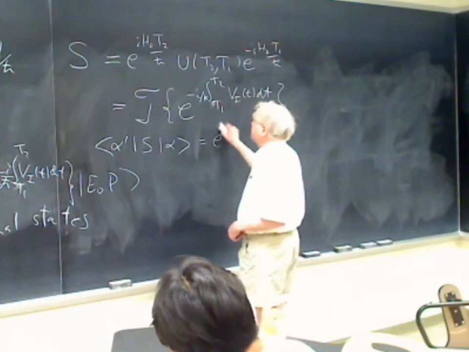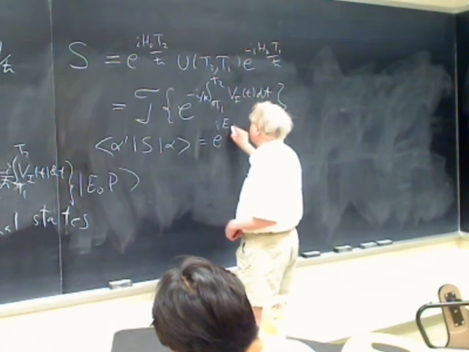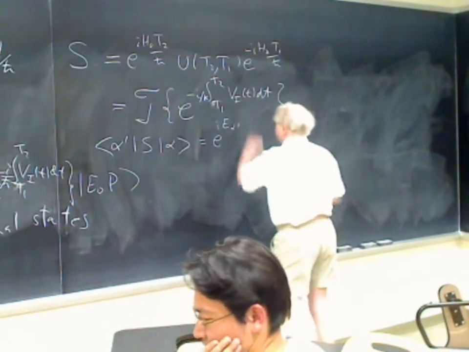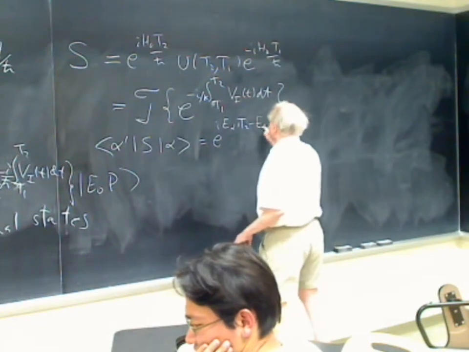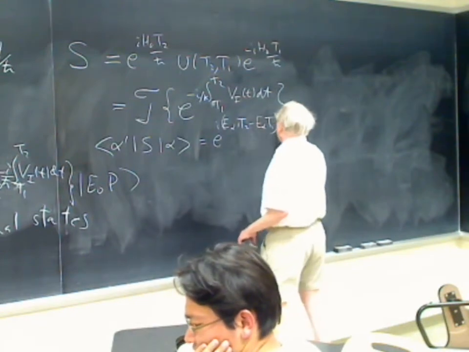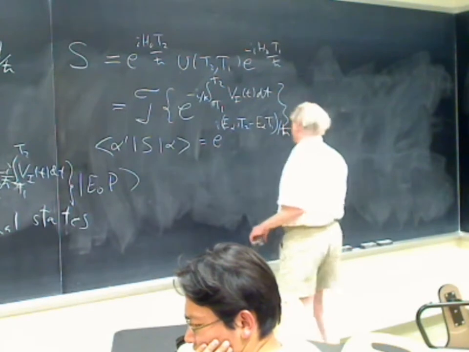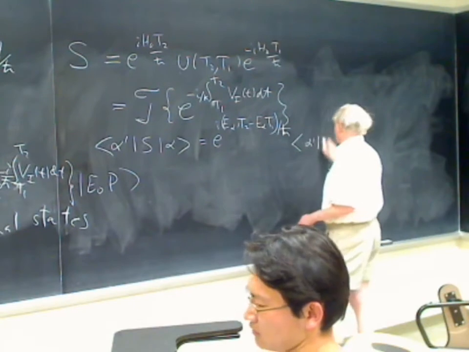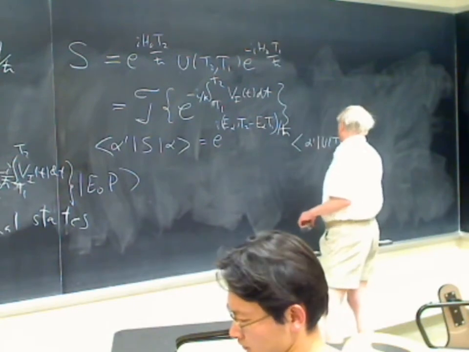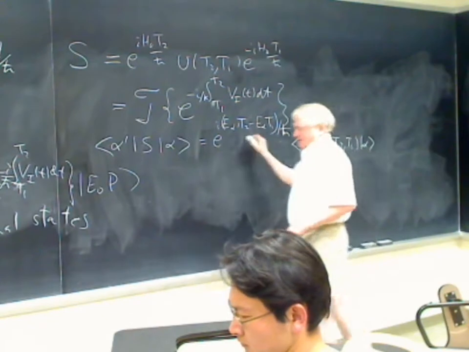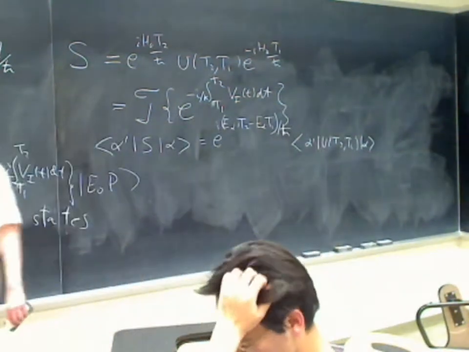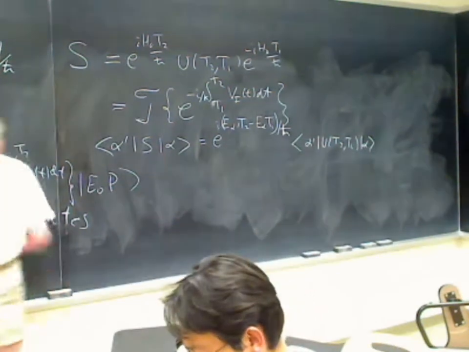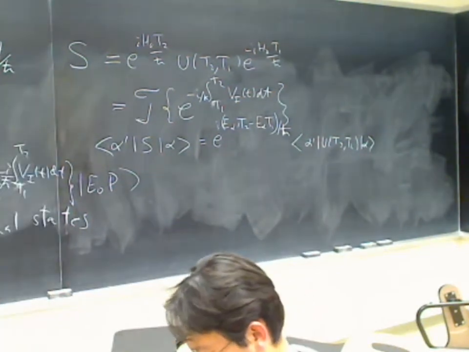This is e to the i (E_alpha prime t2 minus E_alpha t1) over h bar times alpha prime, U of t2, t1, alpha. And then the phase factor just cancels when you calculate scattering rates, in other words, only the absolute value squared matters.